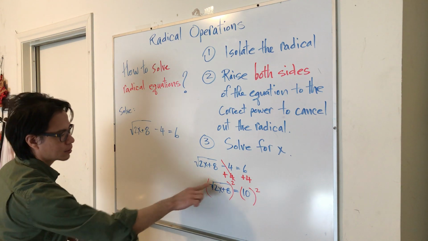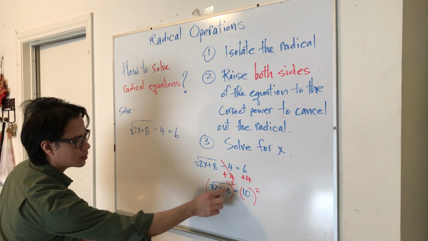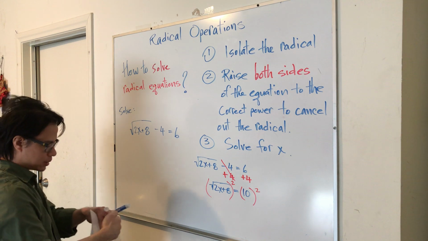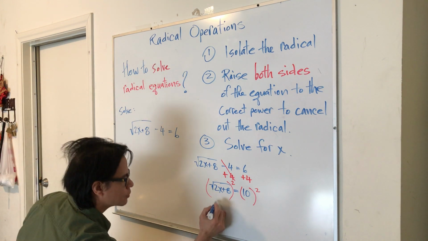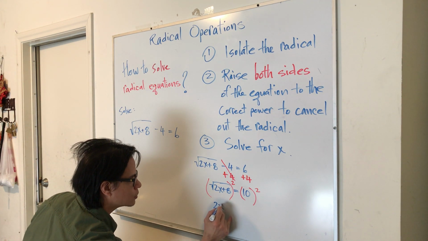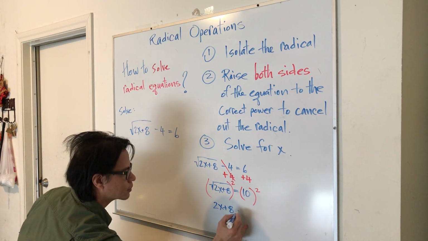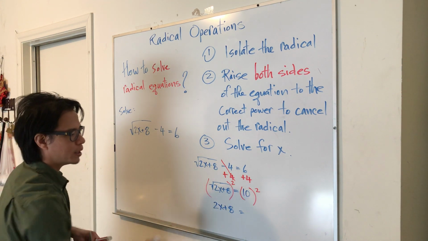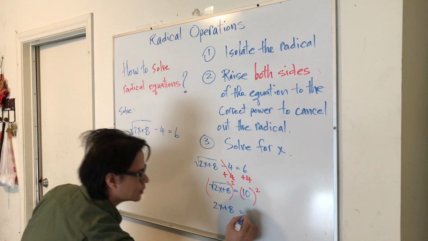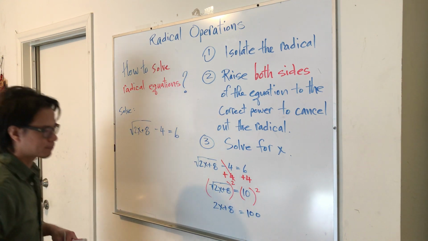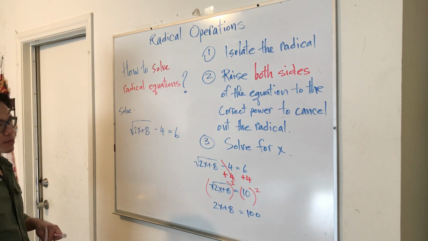So you have the radical to the second power. You're going to get rid of the radical and you're eventually going to have 2x plus 8 equals 10 squared, which is 10 times 10. Okay, so that was painless, right?